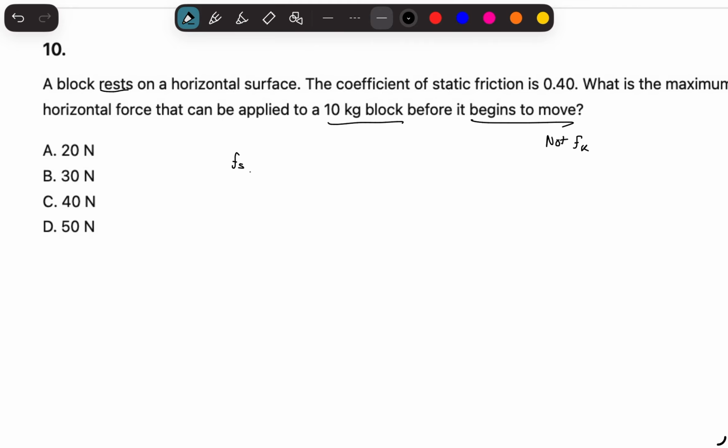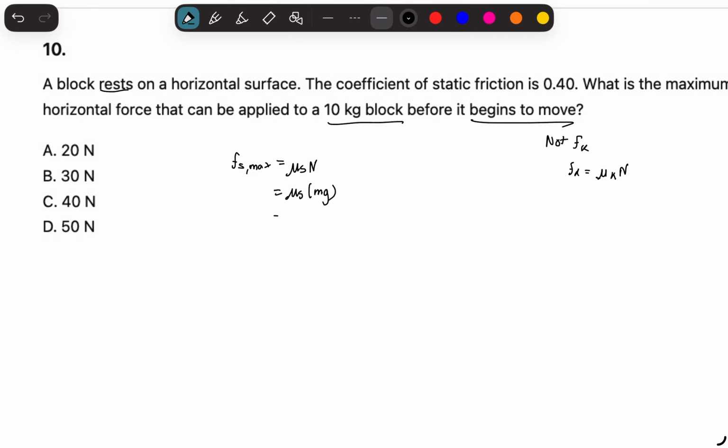It's not moving yet. That is equal to mu(s) times n. And if you had Fk, for example, that is equal to mu(k) times normal force. But you just replace the Fs and the mu with the type of friction that it is. So we know that normal force is equal to mg.